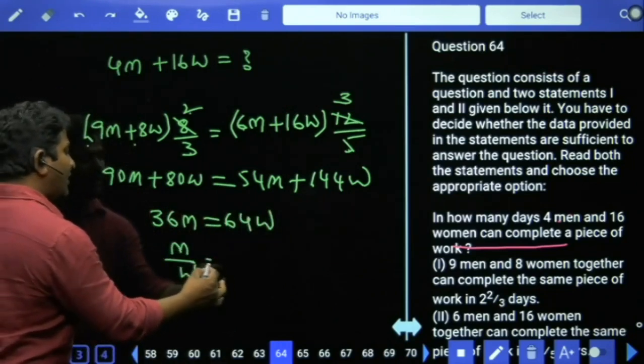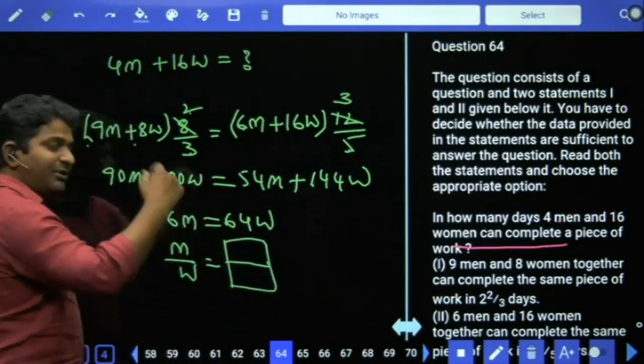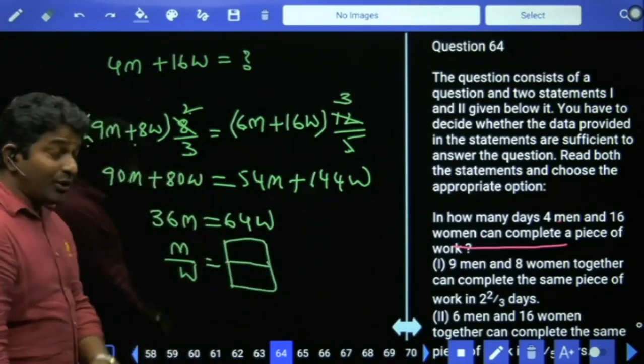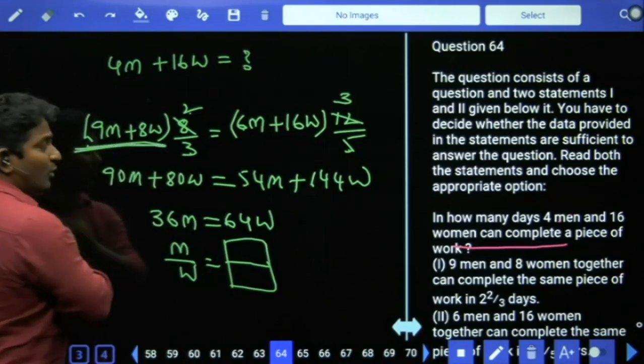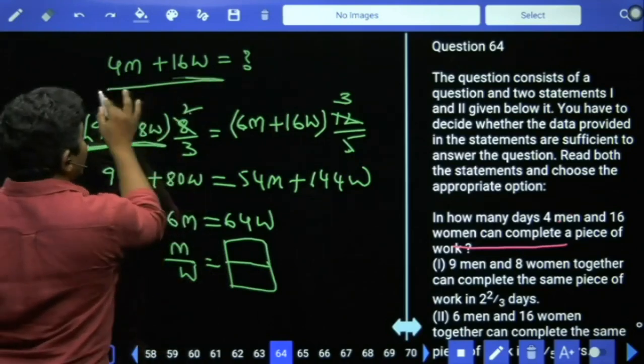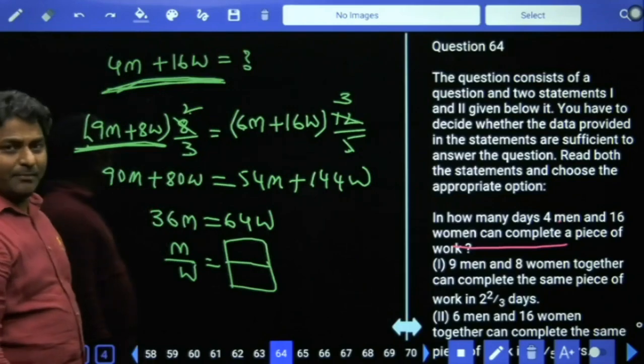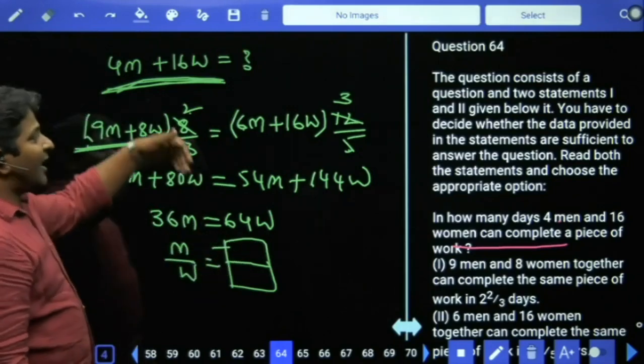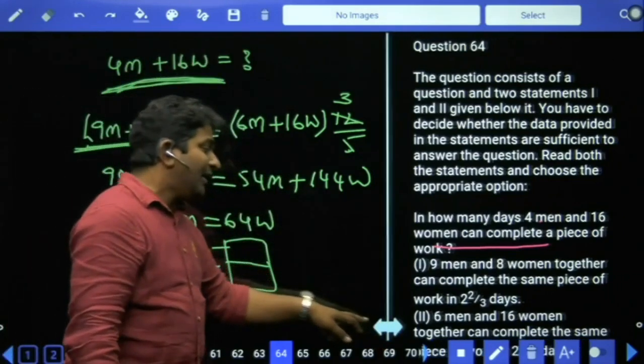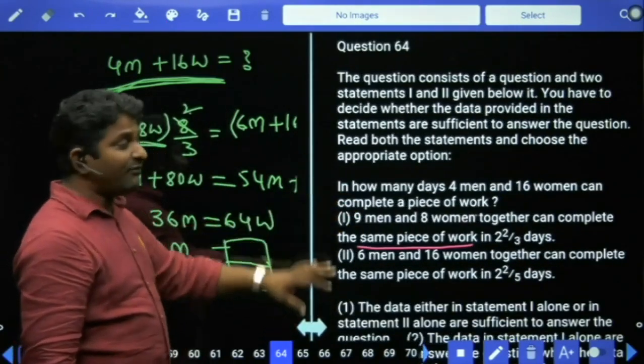Men by women, we are able to find out the relation between men and women. And also you can convert the entire equation to only men or only women. So relation is there and information is also available. Hence both informations together we can answer the question.